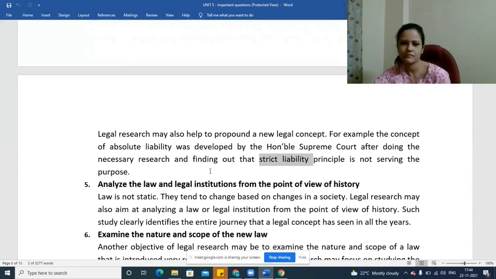Which case was it? Do you remember the case? No, I don't remember the case. I think it relates to theft or robbery, I guess.